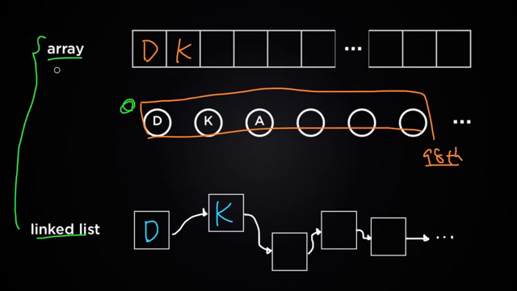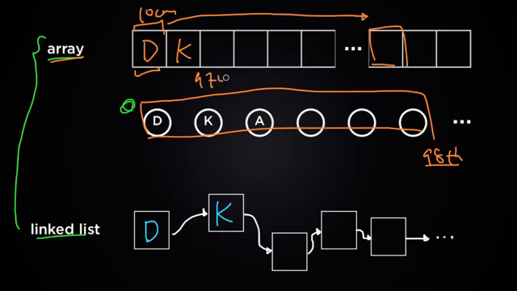With the array data structure, it's actually pretty easy. You just need to find the 98th partition, and that exact location can be calculated easily because you know that each partition is 10 centimeters wide. So you just need to find 10 centimeters times 97 actually, which is 970 centimeters.